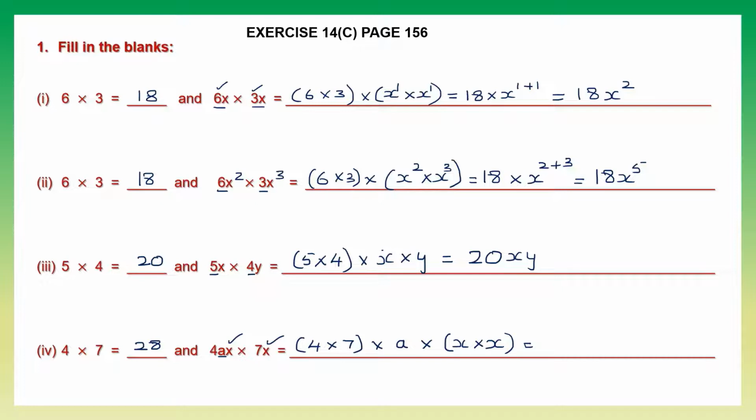Okay, so let's multiply the numbers. 4 7s are 28 into a into x. We have to add up the powers. 1 plus 1. So what do we get? 28a x to the power of 2. So that's our answer, 28ax square.